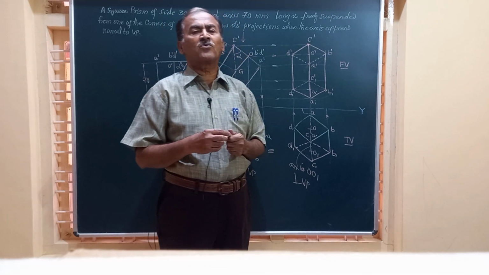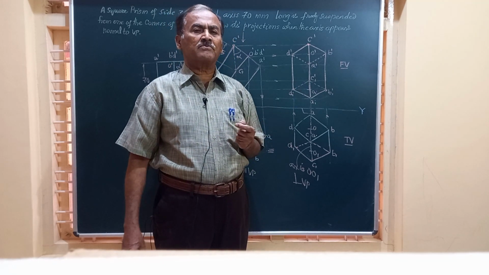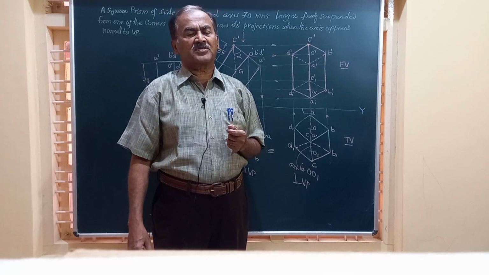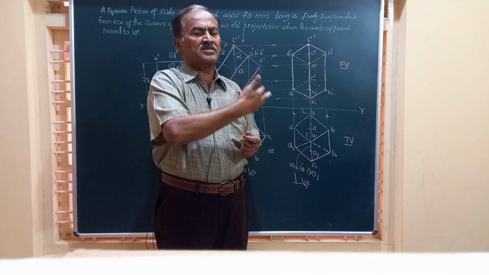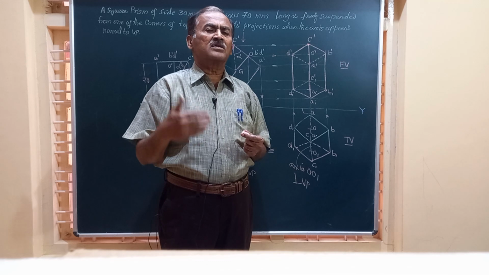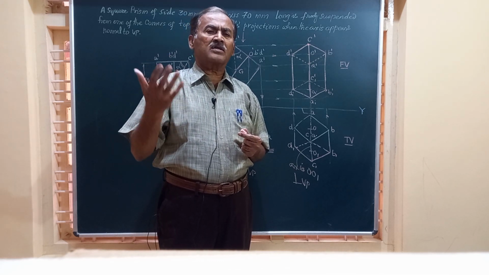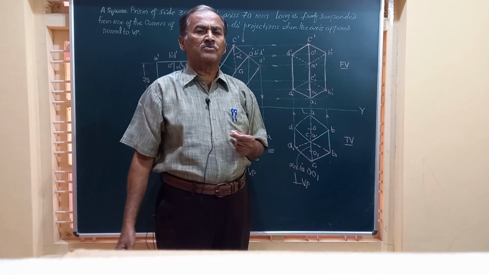Friends, this is how we obtain the projections of the square prism when it is freely suspended from a corner of the top face. And you can work out a lot of problems based on this principle, taking different prisms such as square prism, rectangular prism, pentagonal, hexagonal prism, and also a cube.